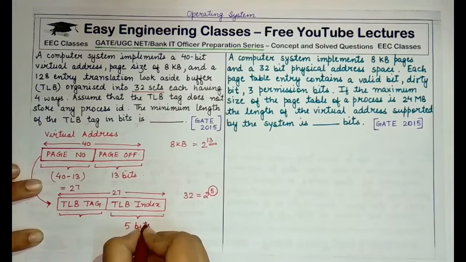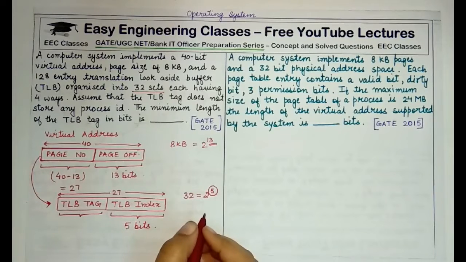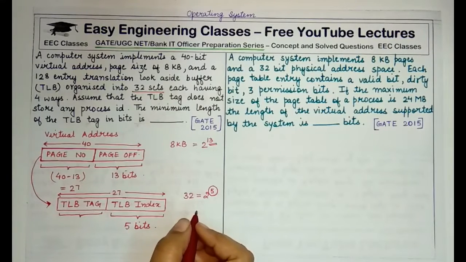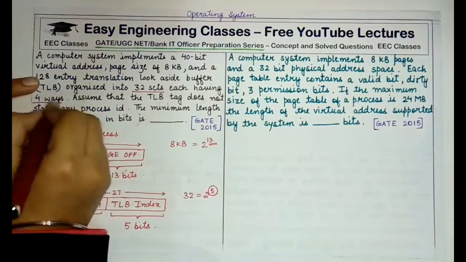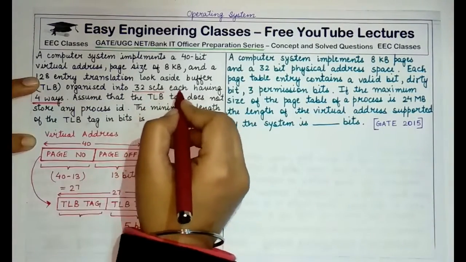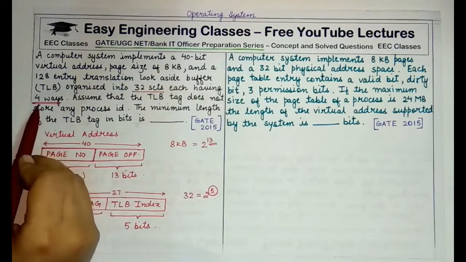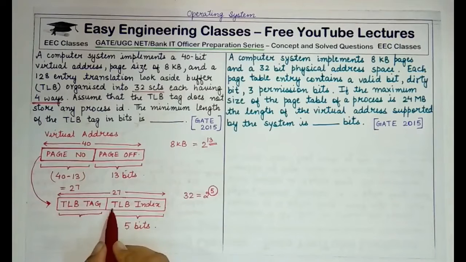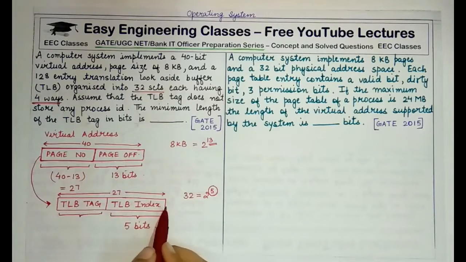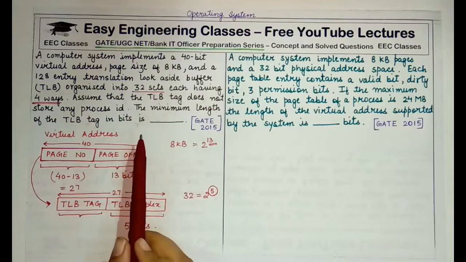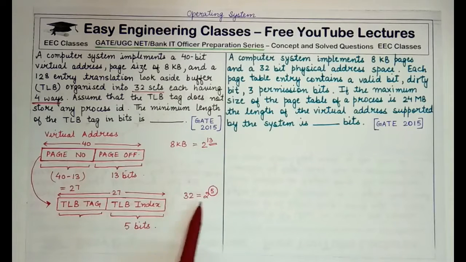And one thing to note here is that you do not have to take into consideration the 4 ways that are specified here, because we only have to calculate the TLB index, and the TLB index talks about the number of sets that are specified.